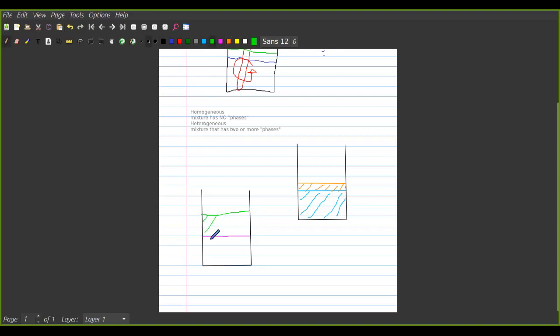When we put them in and stir up, we're going to see some particles of the dispersed. For example, we have water and sand, so it's going to be brown water.